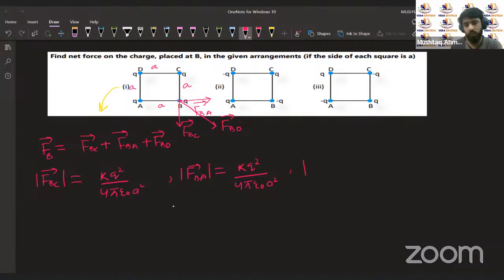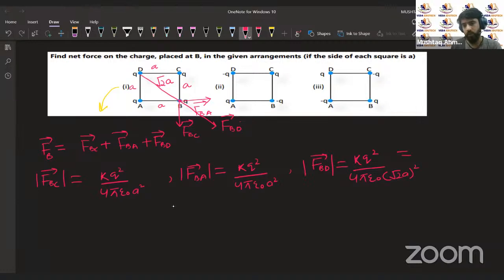The magnitude of the force on charge B because of the charge at D, that's FBD, will be equal to KQ square upon 4 pi epsilon naught times the square of the distance between charge B and charge D. This distance will be the square root of A square plus A square, that will be root 2 A. So we'll write it here as root 2 A whole square.